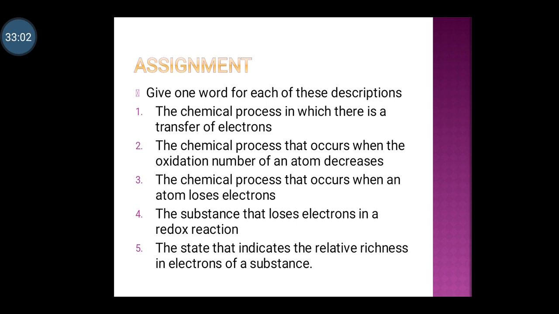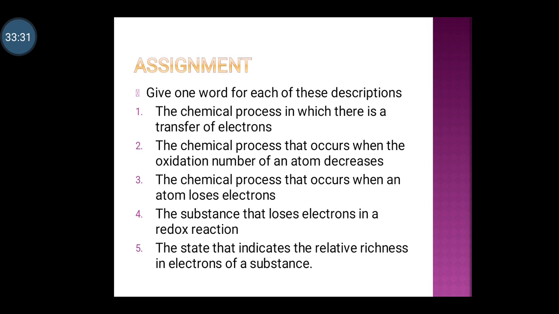So attempt this assignment and submit via my email address or WhatsApp number. Number 1, the assignment is to give one word for each of these descriptions. 1. The chemical process in which there is a transfer of electrons. Just write the name. 2.